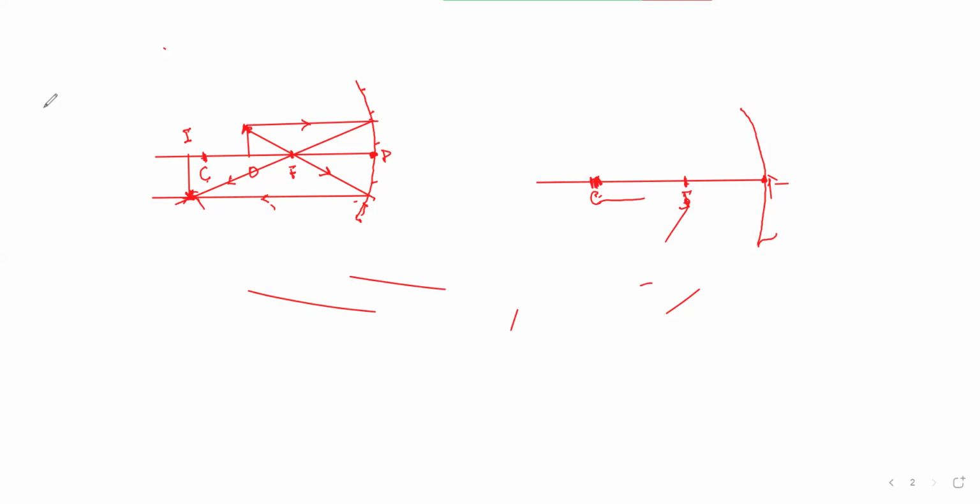For a virtual image, the object must be in between P and F. So rays from the object in that parallel manner, after reflection, must pass through F.